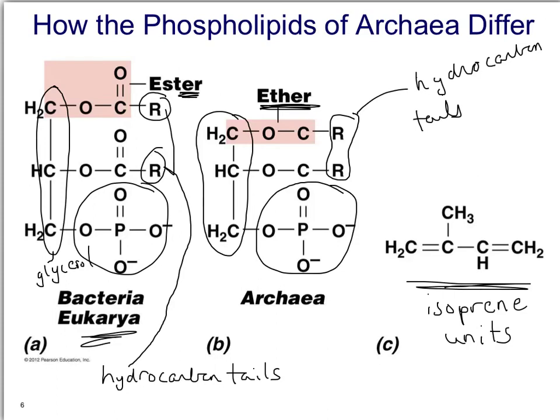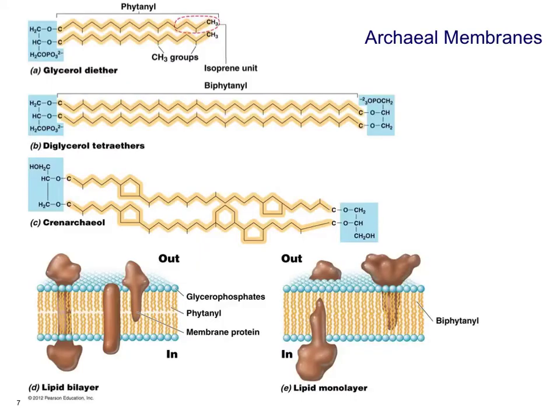The fact that we have ester bonds in bacteria and eukarya, and instead we have ether bonds in Archaea to do basically the same job, shows that we have fundamentally different enzymes and therefore different genes, and it's an indication of the different evolutionary histories of these organisms, the Archaea, as compared to the bacteria and the eukarya. Remember, the domain Archaea is quite evolutionarily distinct from the other 2 domains.